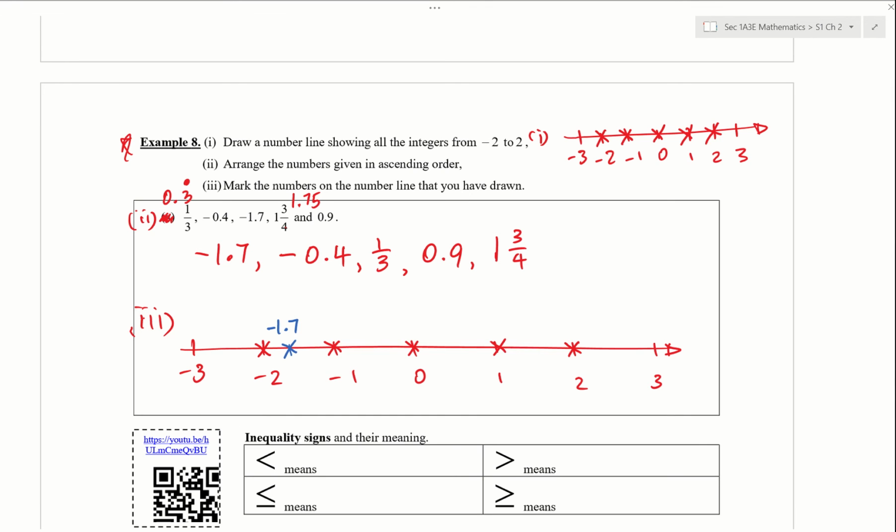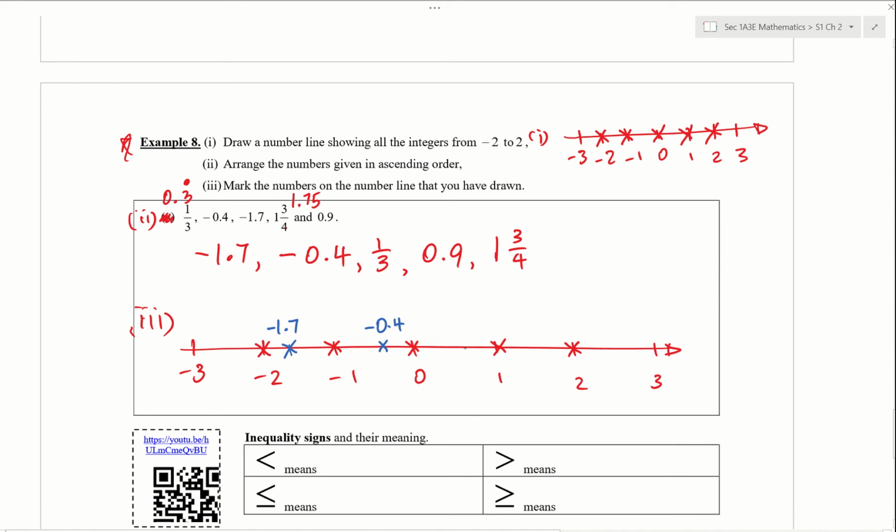Next, negative 0.4. Between 0 and negative 1. But closer to 0 or closer to negative 1? 0. Just a bit closer. So you can put it as negative 0.4 over here. Next number, 1/3. Is 1/3 closer to 0 or 1? Closer to 0, right? Now, it is 1/3, so I hope your estimation is good enough.